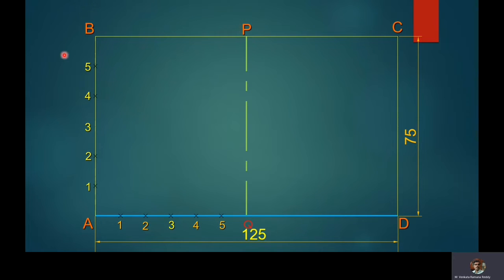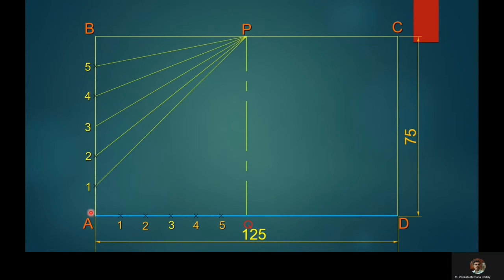Then join P5, P4, P3, P2, P1, etc. Then here division points on AQ, say 1, 2, 3, 4, 5. Draw verticals. Say from 1 draw vertical towards P1, from 2 draw vertical towards P2, from 3 draw vertical towards P3, from 4 draw vertical towards P4, from 5 draw vertical towards P5, like that.